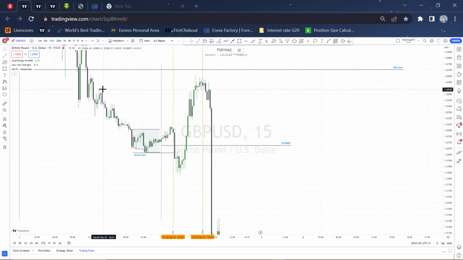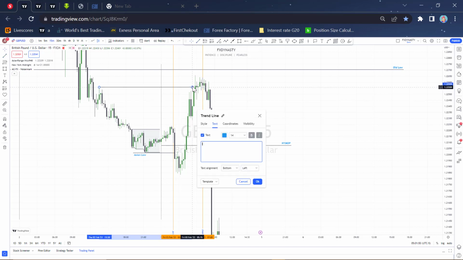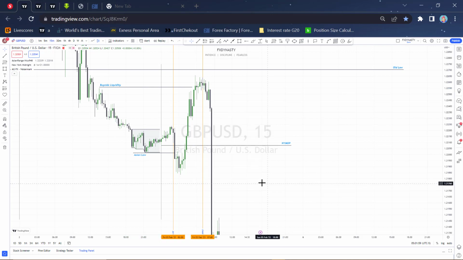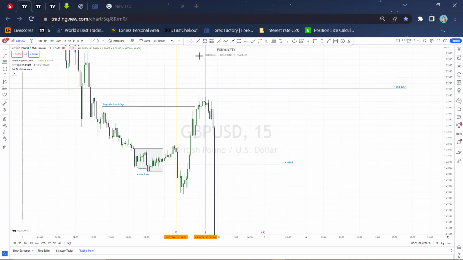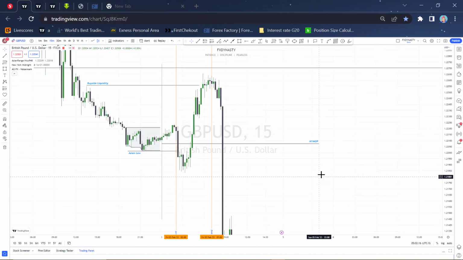It went into this buy side liquidity, guys, and you can see that we have an order block in this region. Let me just leave the order block for now and use this buy side liquidity to show what I wanted price to do for me.